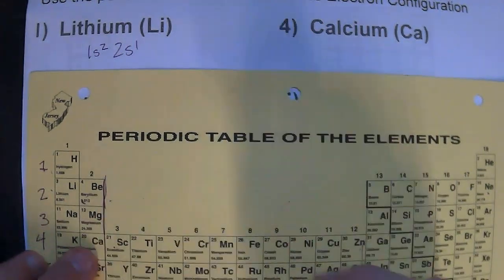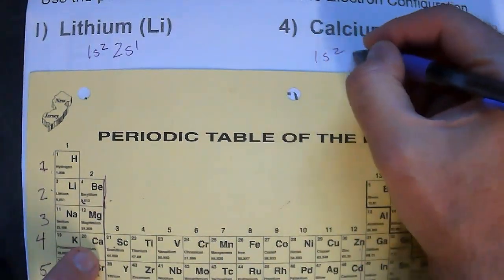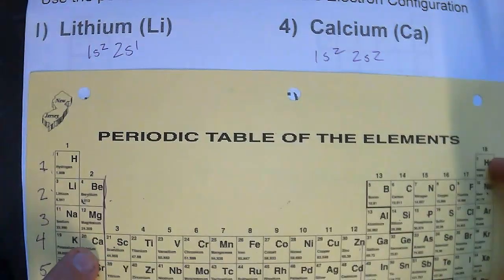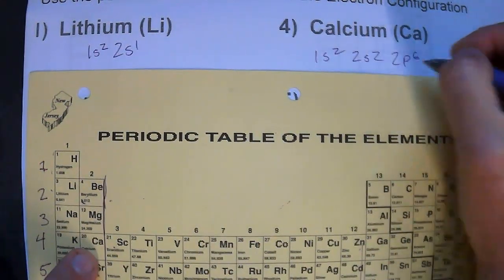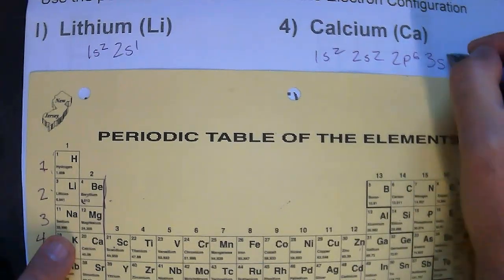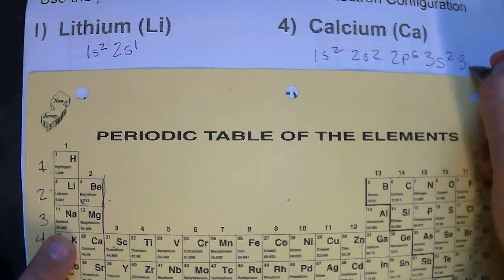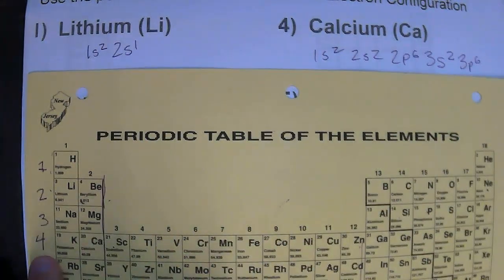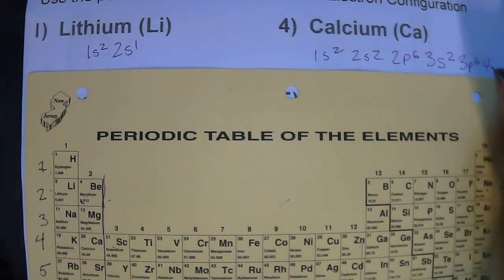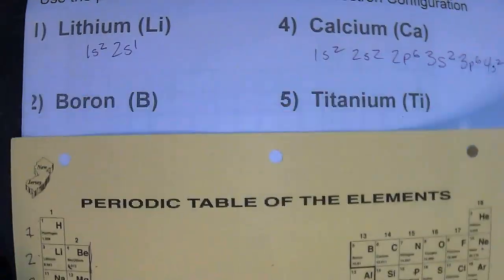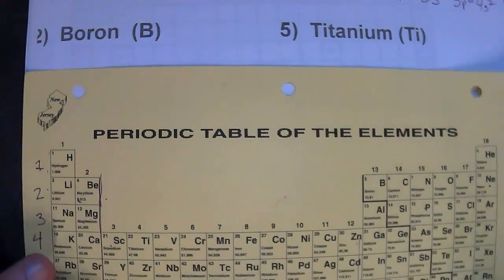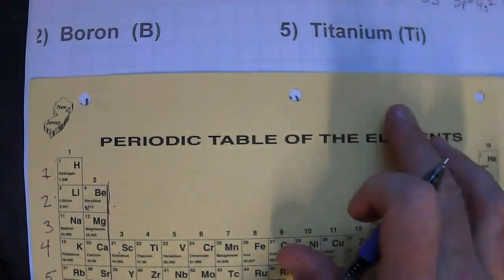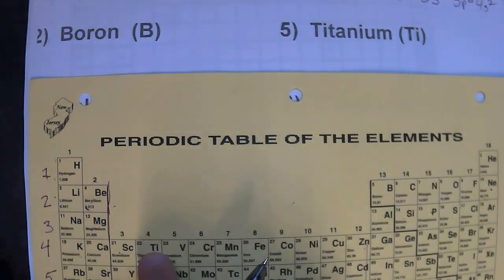Calcium, which is down here, 1s2, 2s2, over here to 2p6, 3s2, 3p6, and then down here to 4s2. We'll do boron and now titanium. Titanium is a D block element, so that's going to be a little weird.